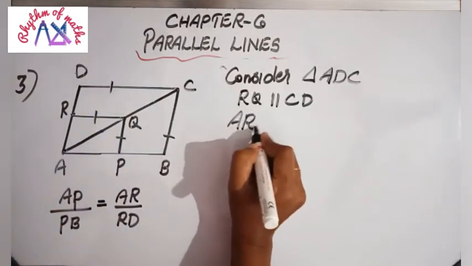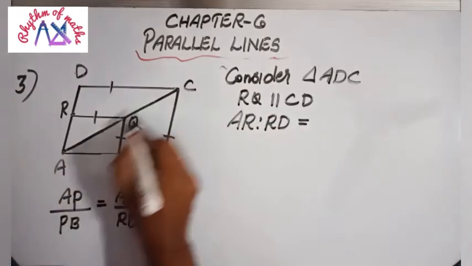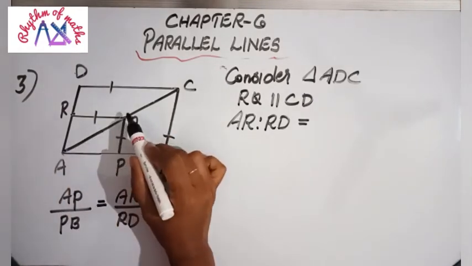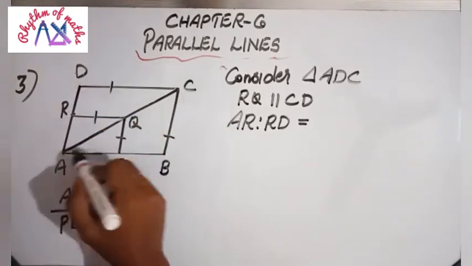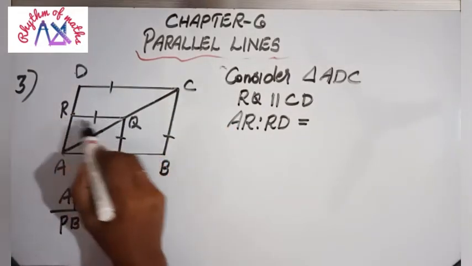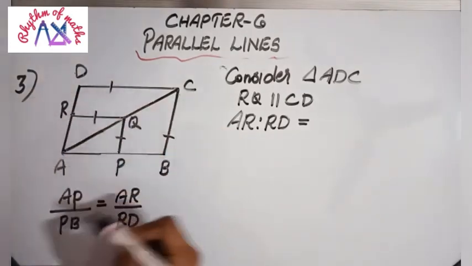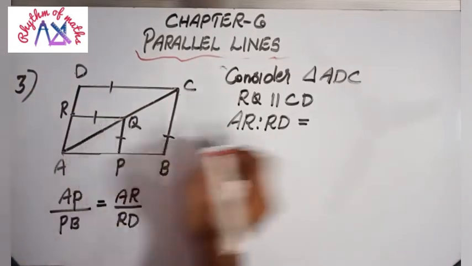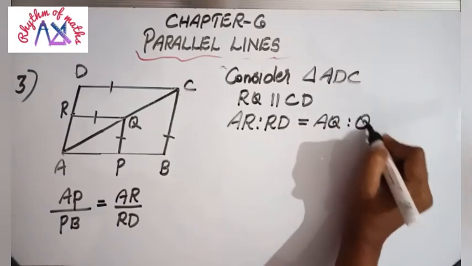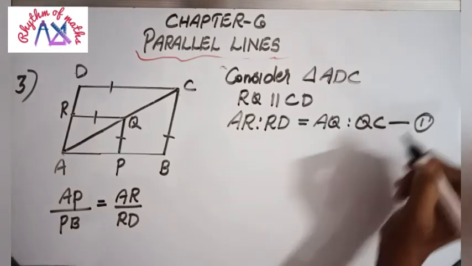So AR is to RD equal to, next side also in the same ratio. Which are the parts? AQ and QC. Listen carefully. These two are the sides which are cut by this parallel line. RQ cuts AD and AC in the same ratio. Position is different. So part AQ is to QC. These two ratios will be equal. This is the first one.